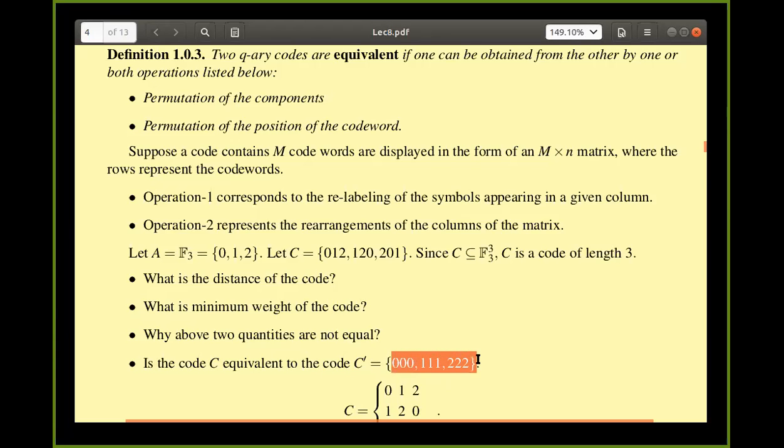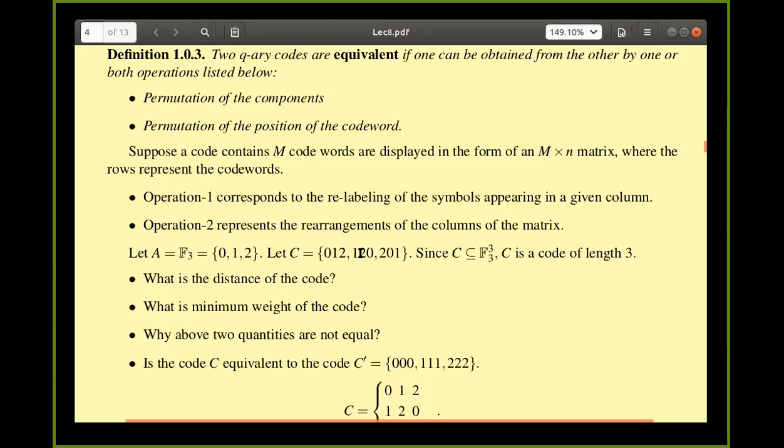What is the distance of this code? 3. Again 3. But is it a linear code? Yes, it is a linear code. Actually, it is called a repetition code. You remember that we discussed this: lambda, lambda, lambda.